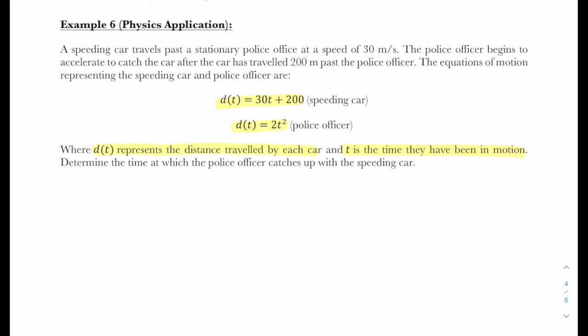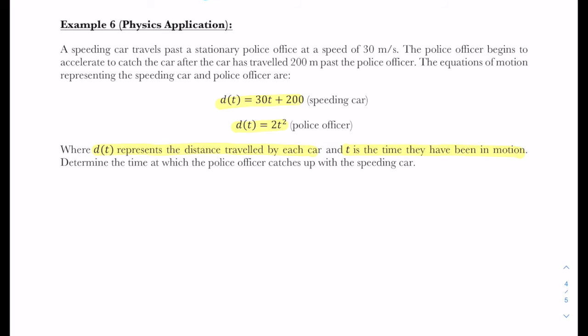We're going to determine the time at which the police officer catches up with the speeding car. I hope you see that this is just an application of a linear quadratic system. In other words, where does the equation representing the straight line of the speeding car intersect with the equation of the parabola representing the distance traveled by the police officer?